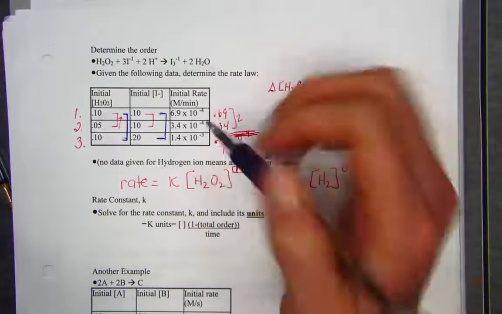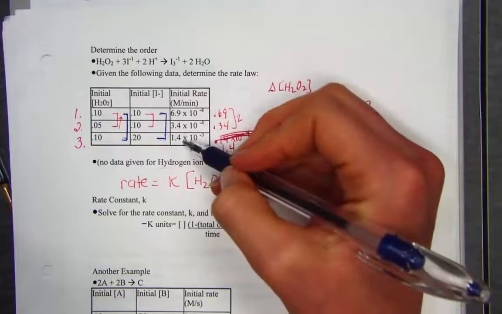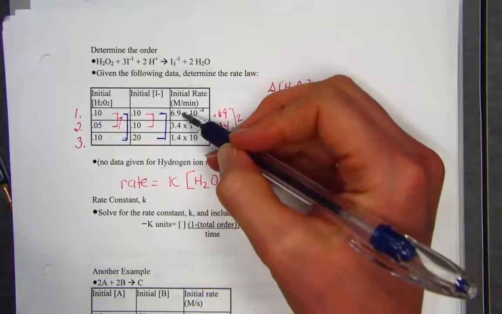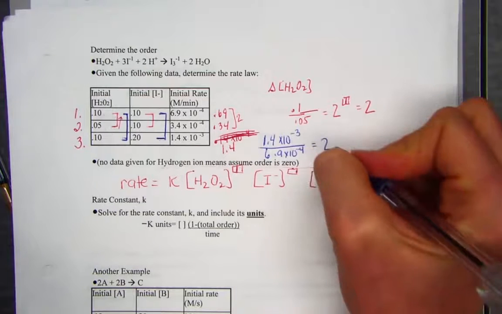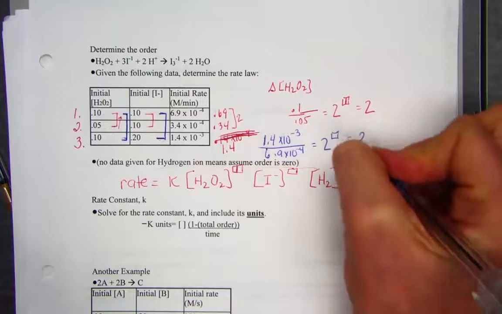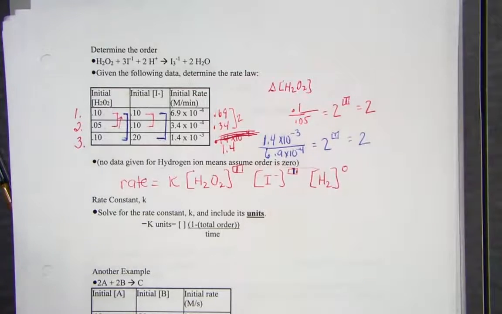I like to think in terms of numbers I can visualize. So I would consider this as 7 and 14, or close to 0.7 and 1.4. But if I doubled the concentration, I clearly see the rate doubled as well. It's first order with respect to iodide, zero order with respect to hydrogen.